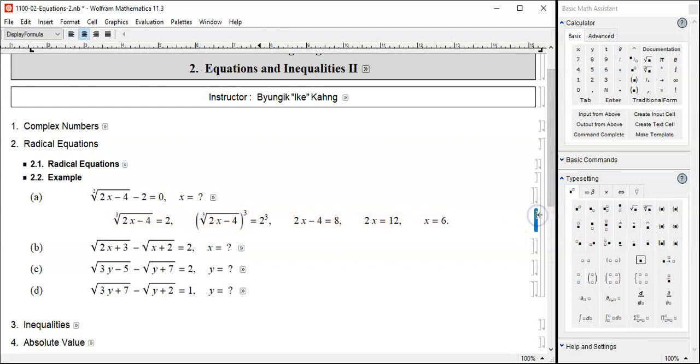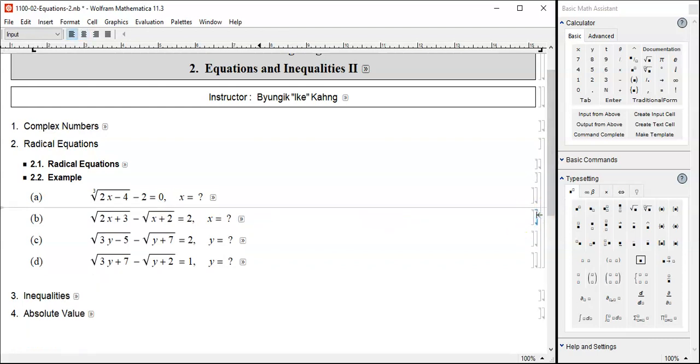But then again, problems are generally not that simple. This was simple because we had only one radical. If we have two radicals like this, it's not going to be that simple. Let's see. One of the more common mistakes is like this. Take the square of both sides directly here.